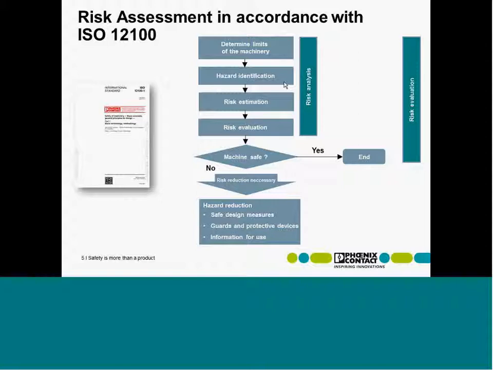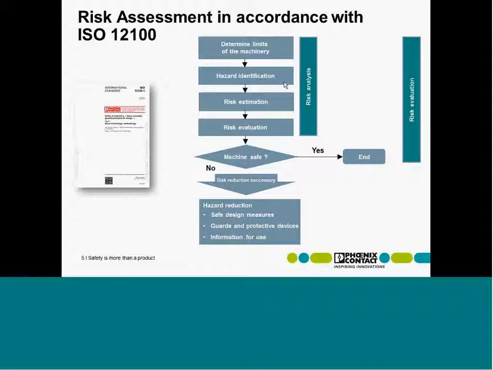So in the end, you will have a file, let's say an Excel spreadsheet, where each hazard has been identified and specified from a table, for example. In the annex of the standard, you will find such a table, which will help you during the risk assessment process. So my recommendation would be: have a look at this annex of the standard, and then you will have good guidance for the hazard identification.